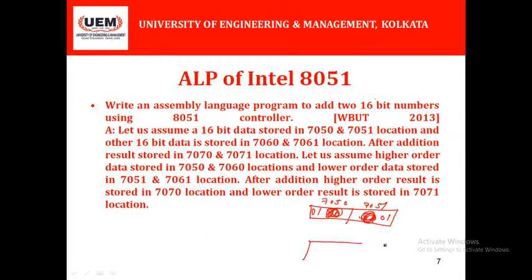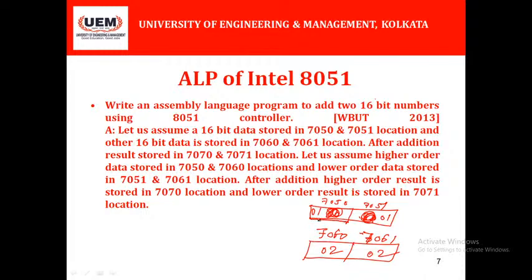So the other data, suppose, is 0202. Let me assume that the higher order data is stored in 7050 and 7060.